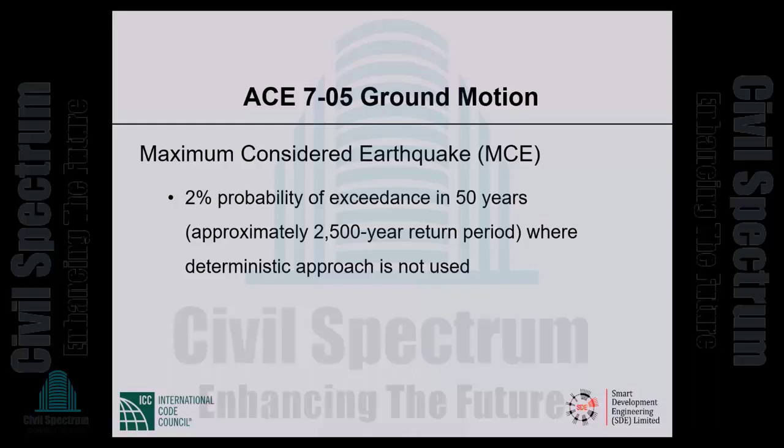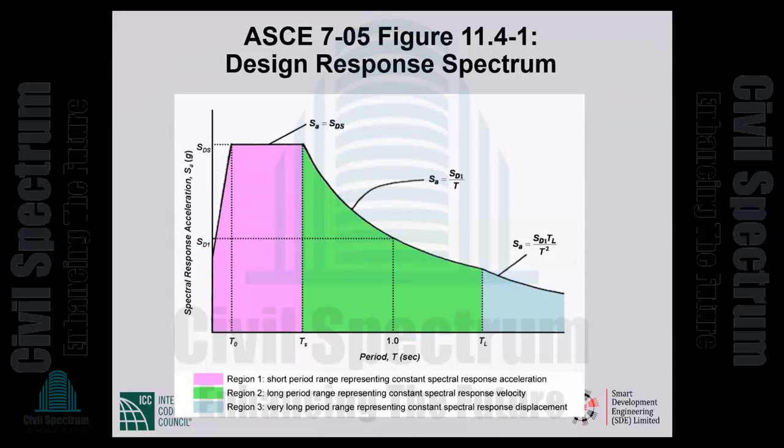The seismic sources in California are too weak to deliver a 2,500-year return period earthquake, so we cap it off at the deterministic earthquake. In Bangladesh, we do not have that problem. So the maximum considered earthquake of BNBC is the 2,500-year return period earthquake, period. That makes things simple.